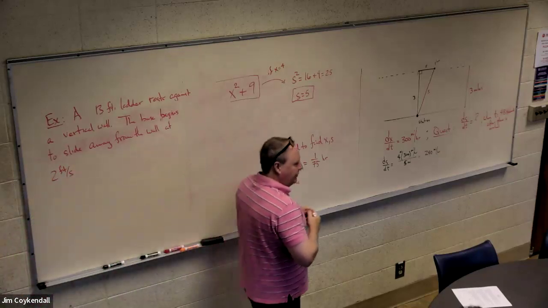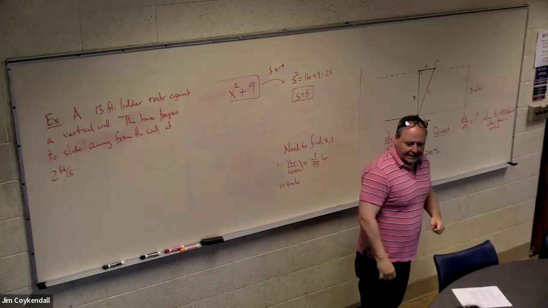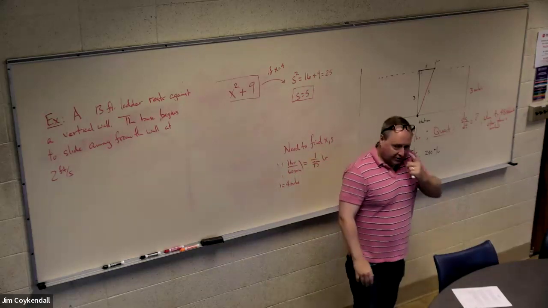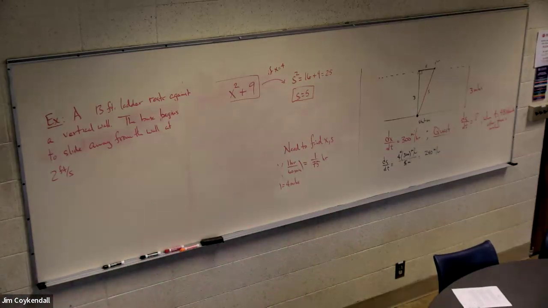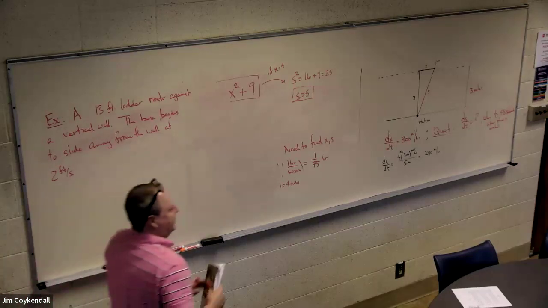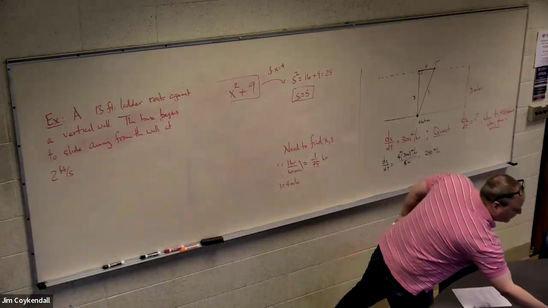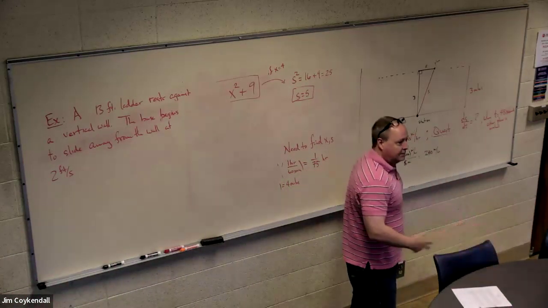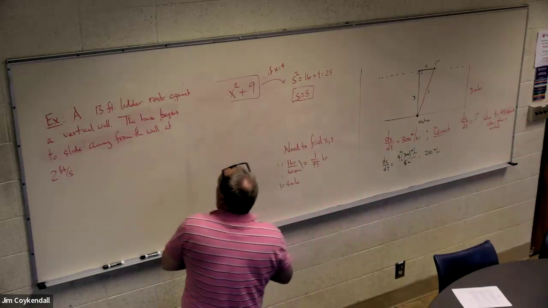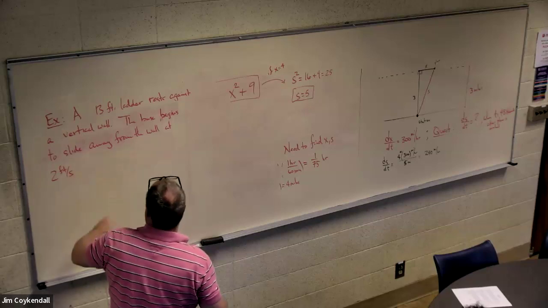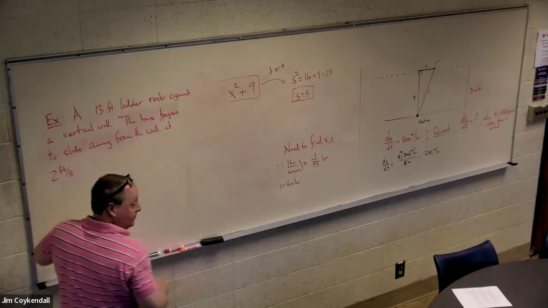How many of you have seen something like that? You've got something leaned up against the wall that slides down. I try to lean this up against this thing, not a perfect model, but I can slide it down. So you all see what's happening in real life, right? So the base begins to slide away from the wall at 2 feet per second.